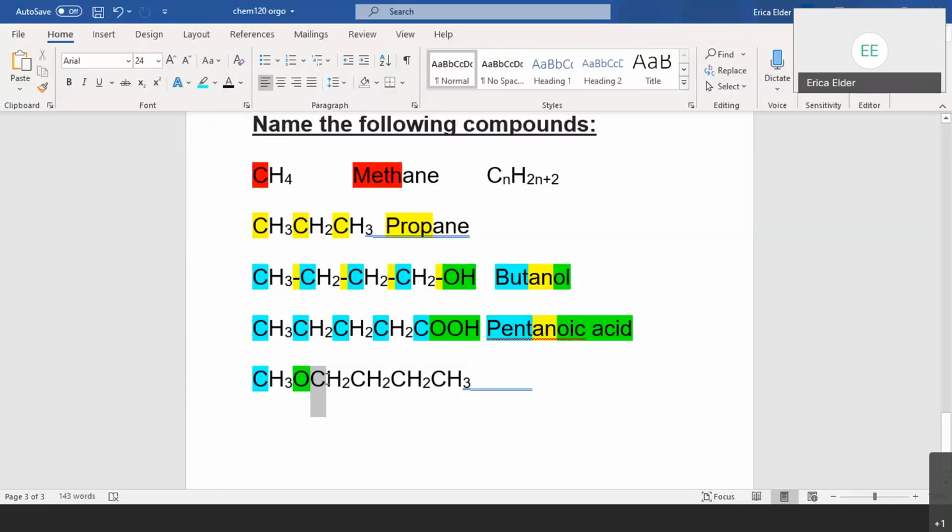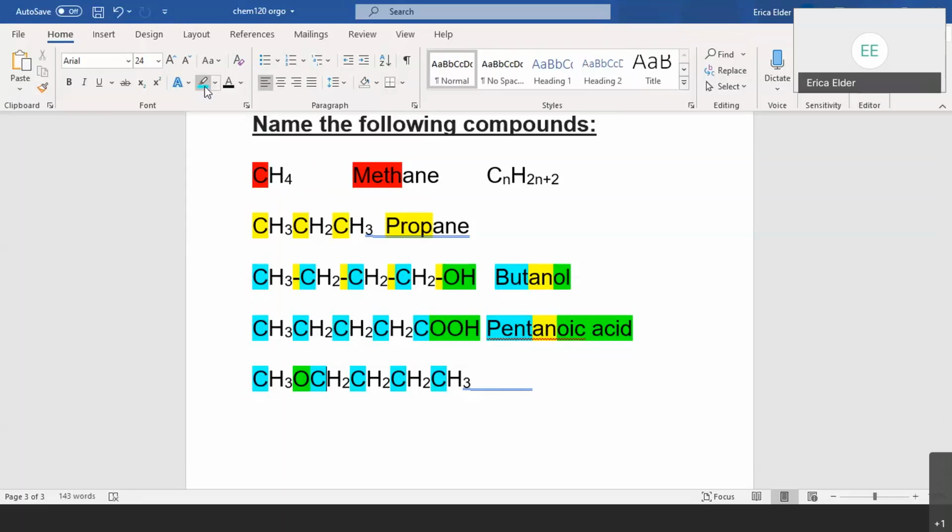So we'll have to name this one as well. And if we recall the rules on naming our hydrocarbon chains that contain an ether, we know that we first are going to locate the number of carbons. We are going to then, instead of having "-ane", "-ene", or "-ine" as our suffix to our prefix for the number of carbons, these are now considered alkyl groups and will actually end with YL.